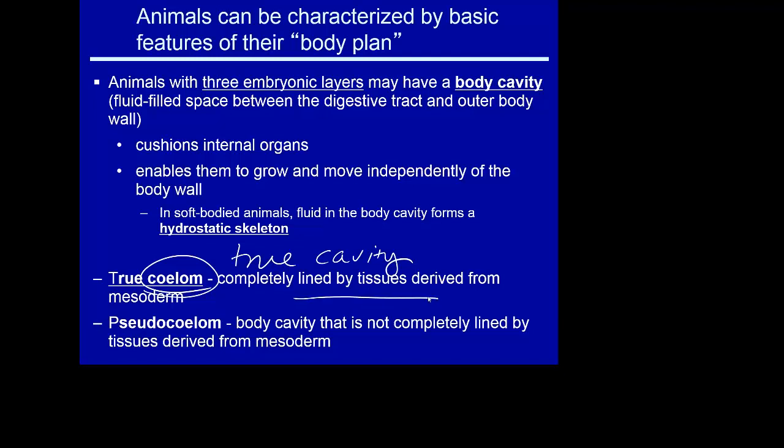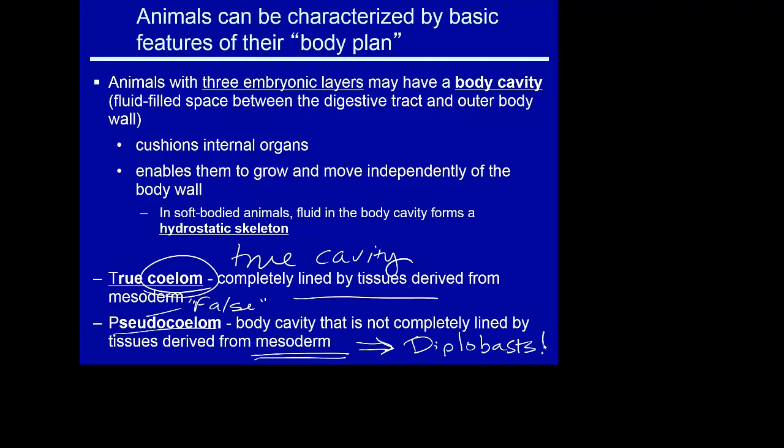This is a very advanced structure. A pseudocoelom, remember pseudo is fake or false, is a body cavity that's not going to be lined. In particular, it's not going to be lined with mesoderm. So these pseudocoelomates, a group of organisms with this false body cavity, we'll look at as only having 2 body layers, or being diploblasts.